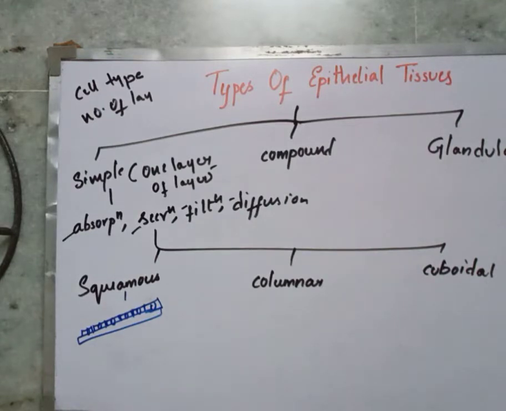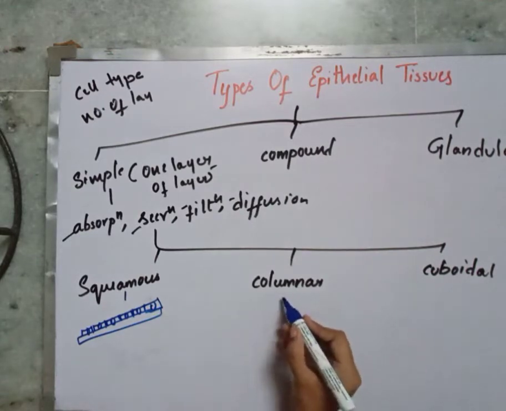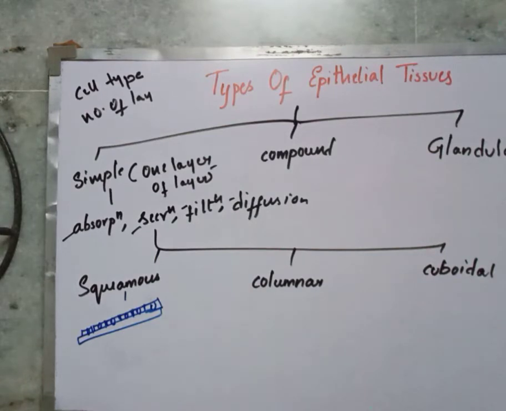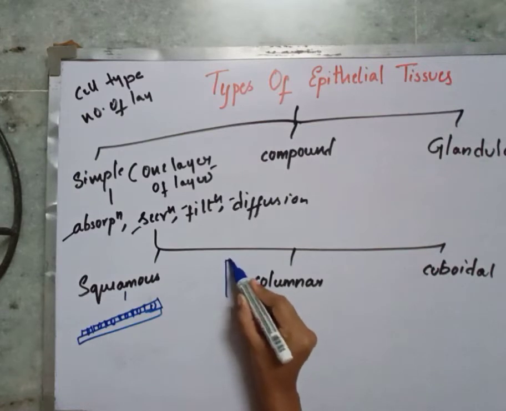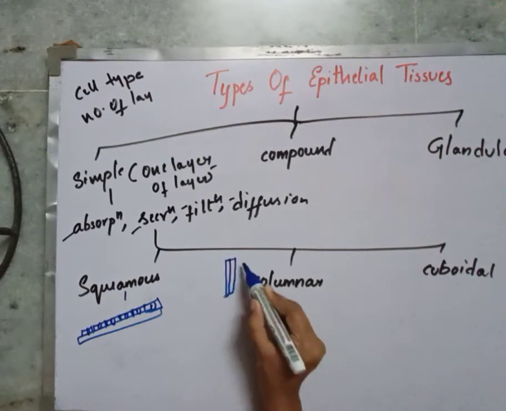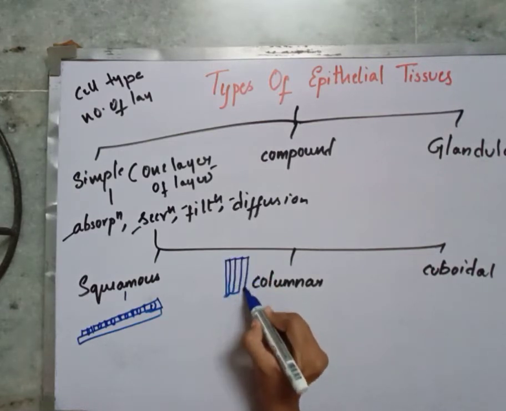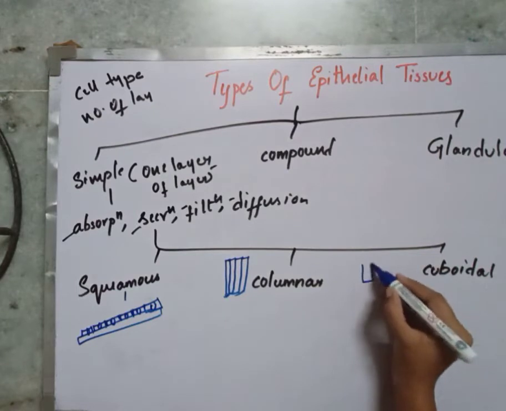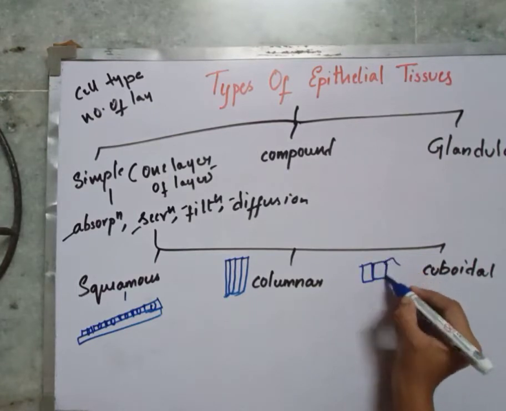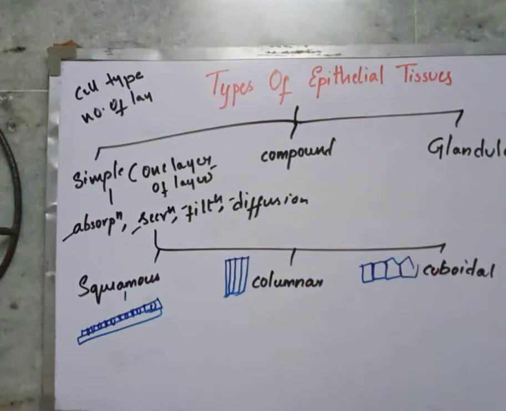And here columnar epithelium means the cells appear tall, like pillars. So this is about the simple columnar epithelium. And simple cuboidal epithelium means the cells appear in the form of cubes. So this is the structure.